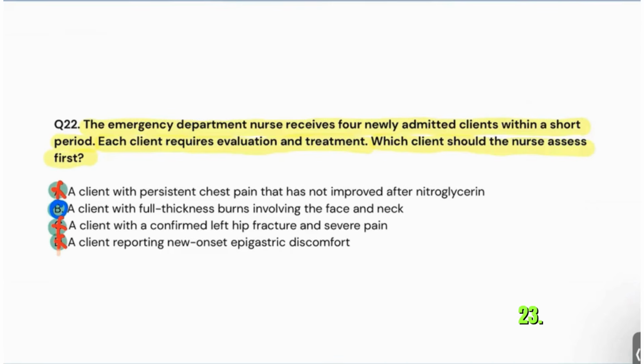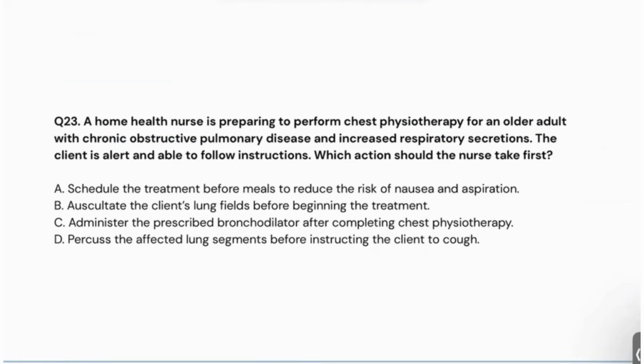Let's go to question number 23. A home health nurse is preparing to perform chest physiotherapy for an older adult with COPD and increased respiratory secretions. The client is alert and able to follow instruction. Which action should the nurse take first?